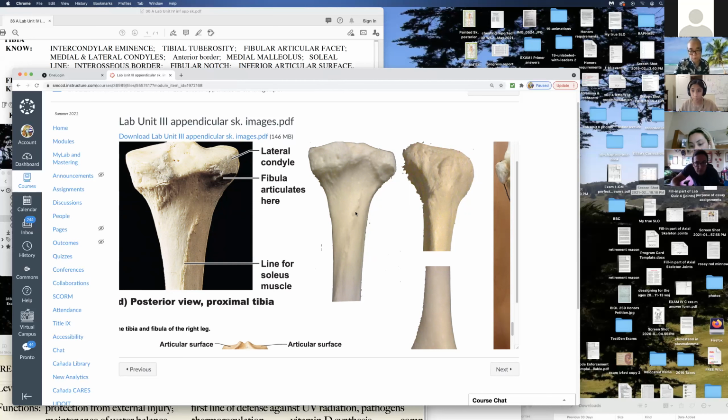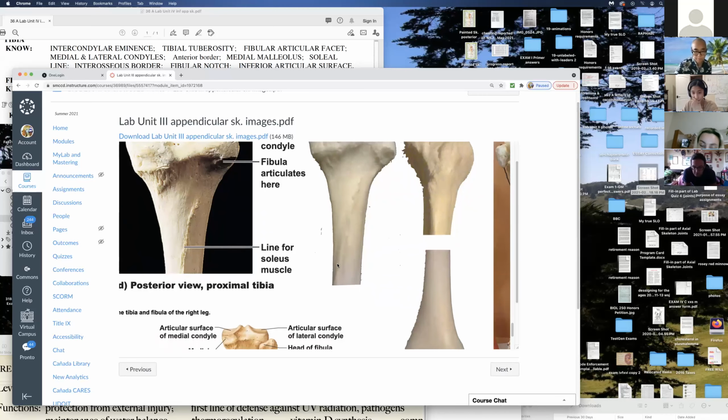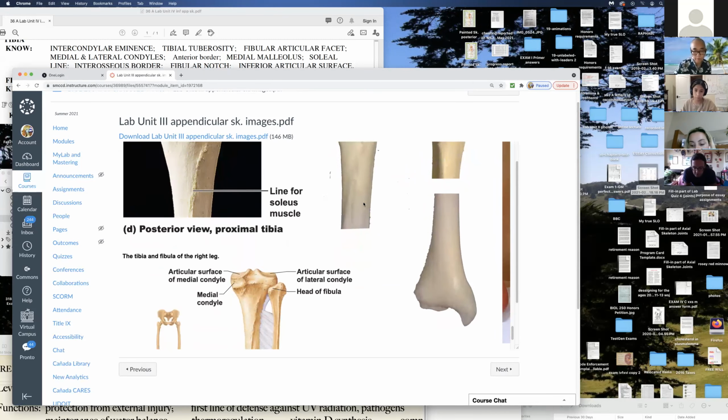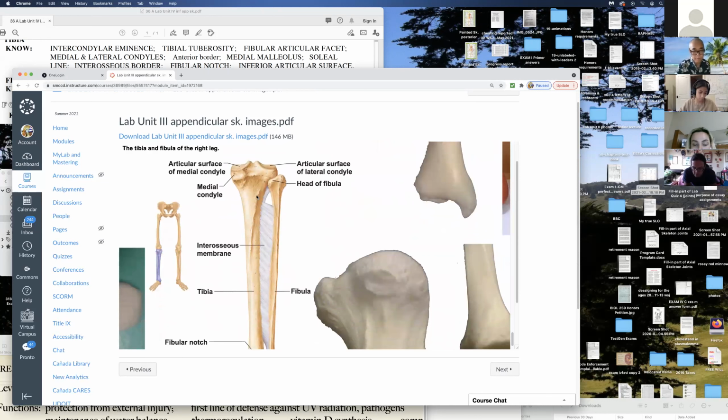This is the soleal line. The soleal line is the one that is going to be traveling from lateral, somewhat diagonally over to the medial side, and yeah, so that's the soleal line. Okay.